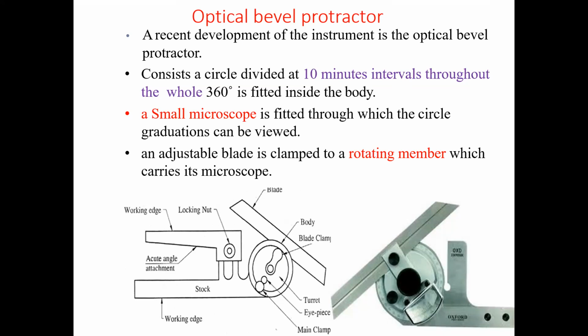Each and every component is the same except that a small magnifying glass is provided additionally. Otherwise, each component is the same as that of the vernier bevel protractor.